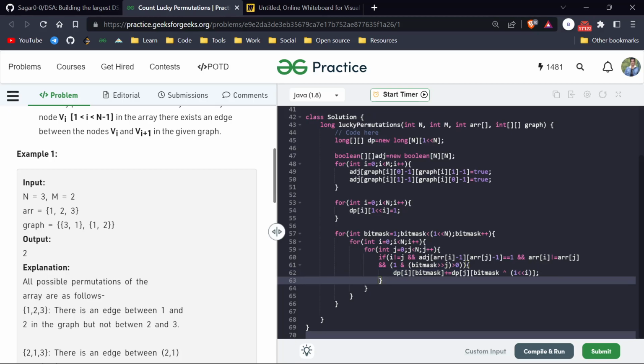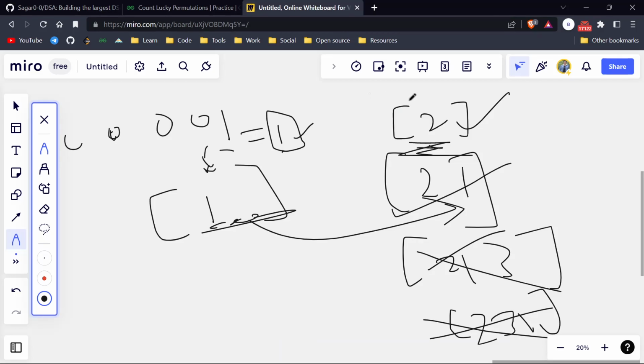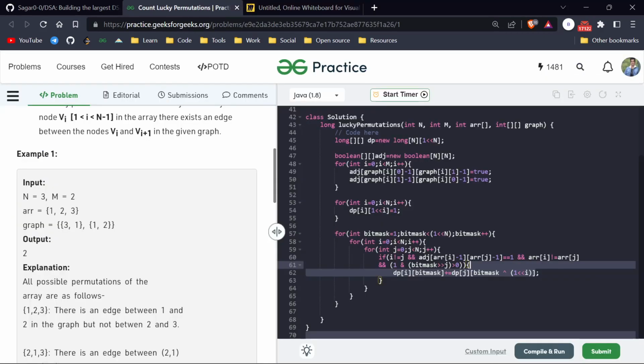I know this question is a little bit tricky, but I think all the things are clear. This is our base case, and the main thing is this: we only have to check those permutations that have other numbers and not the current number, the ith number, and all the permutations with j. That is why we are using the XOR operator here. And that is our base case.